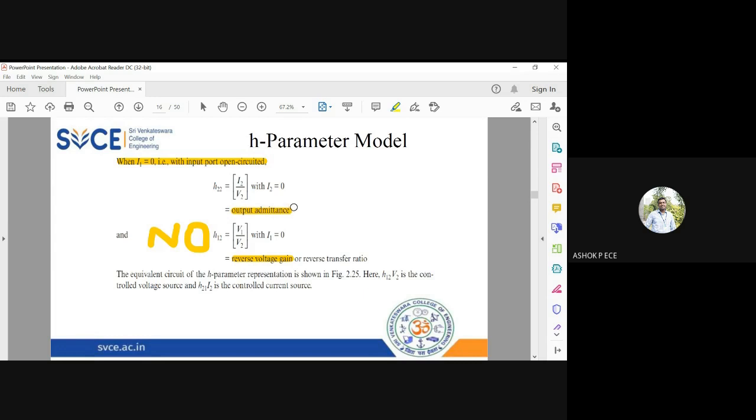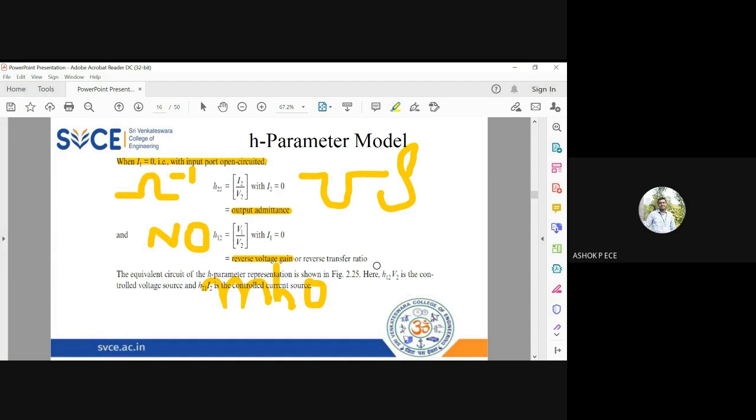The unit of admittance is ohm inverse, or ohm power minus 1. You can call it mho, or Siemens. Some books will write this as MHO, mho. That is also correct. So many units are there for admittance.